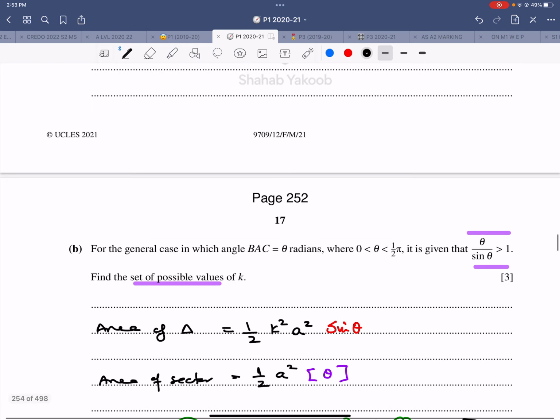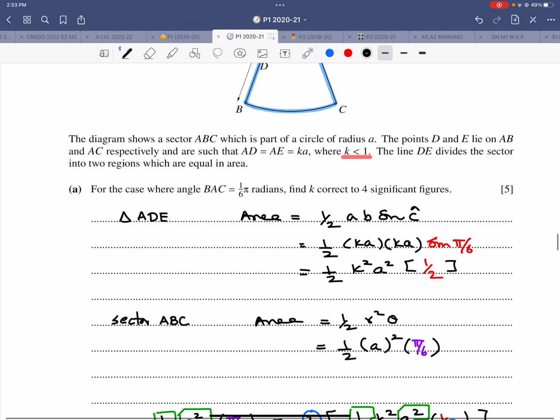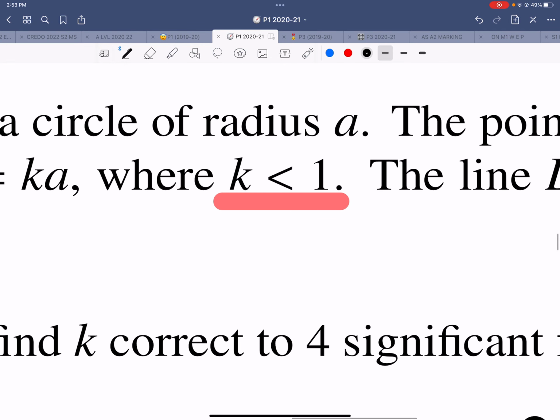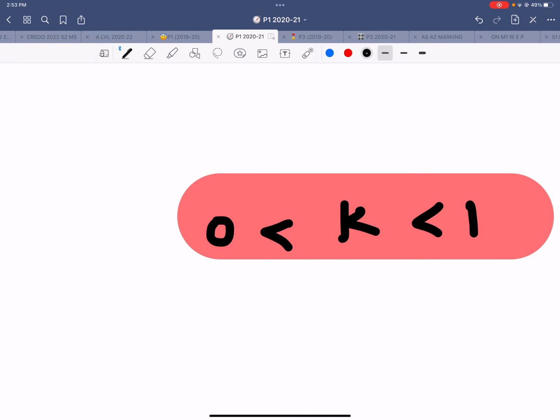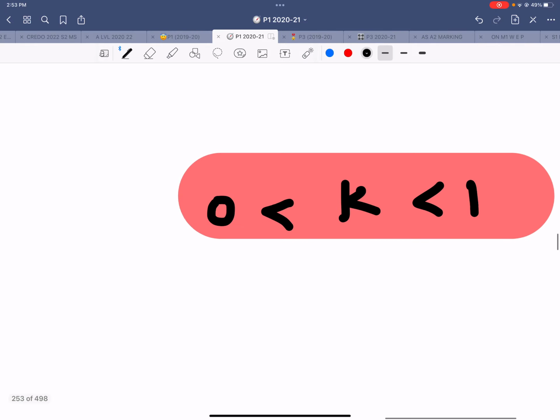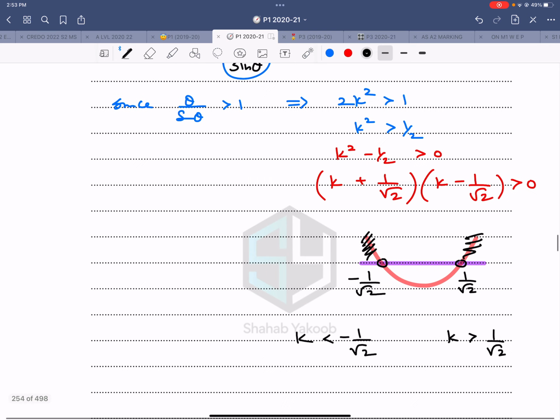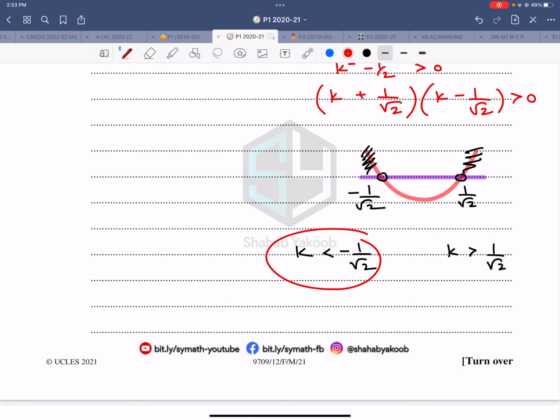Because there is also a condition on k. What is the condition of k? K is less than 1. But what condition have I written? Less than 1 but not negative. So therefore, coming back to this, you would first of all reject this answer. This is gone.